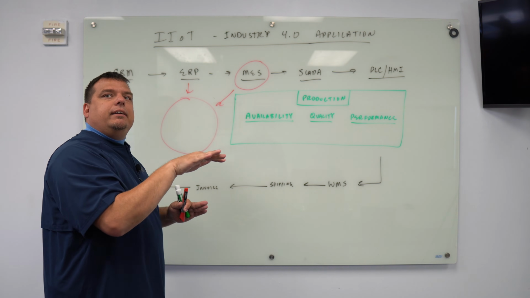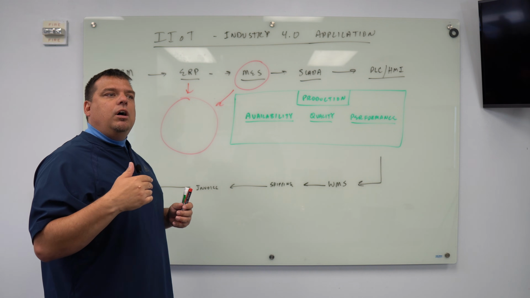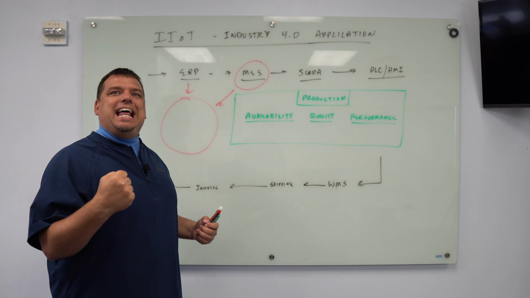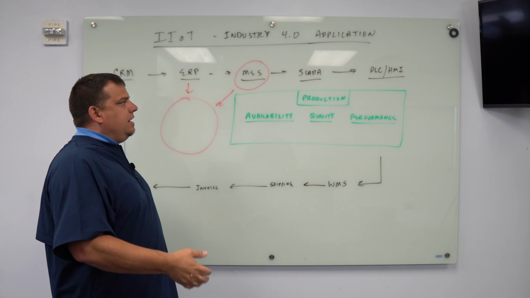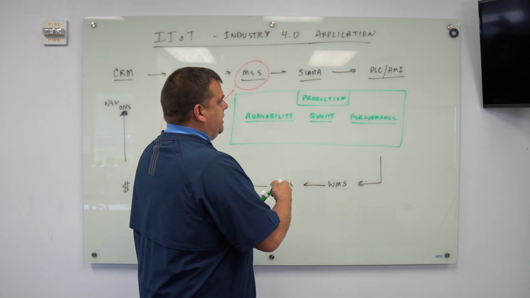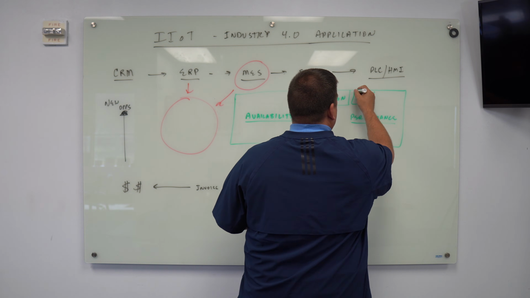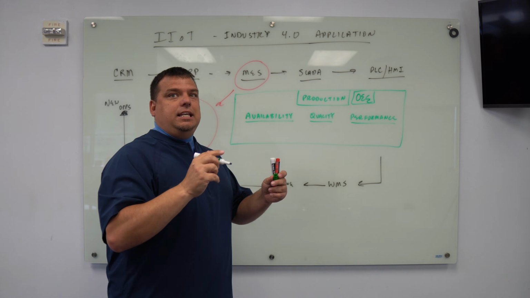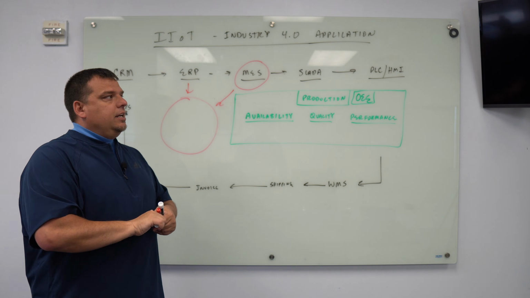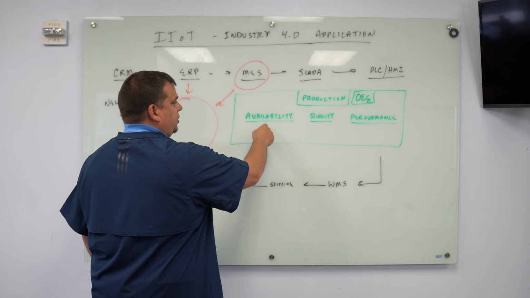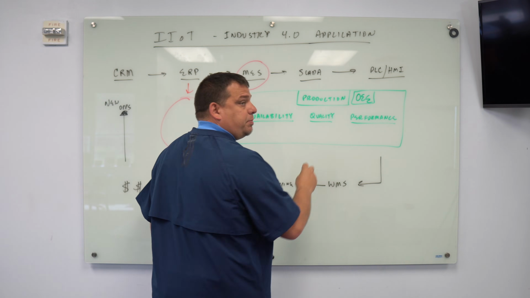When you're plateauing, manufacturers are trying to figure out where they capture their next big growth from. This is where MES and the OEE calculation came from. Why does OEE matter? Overall equipment effectiveness. The OEE is the calculation of availability times quality times performance.